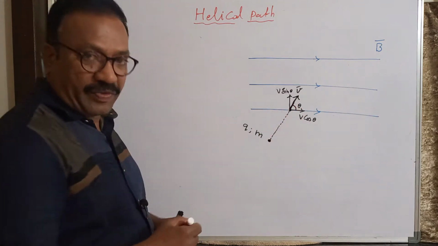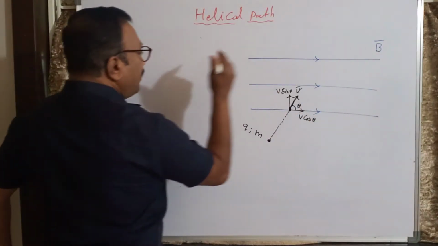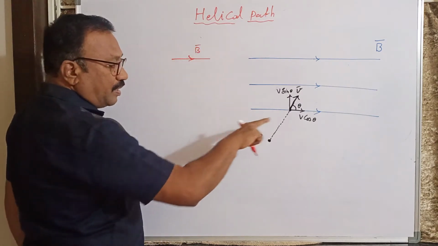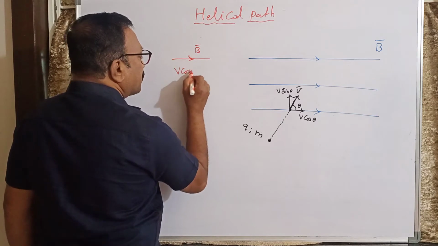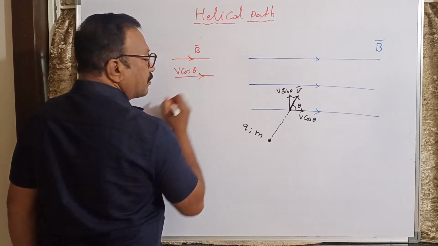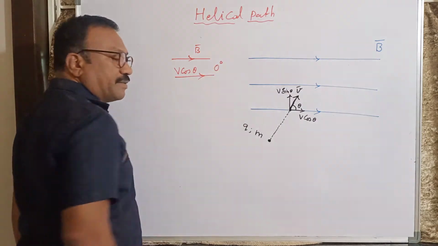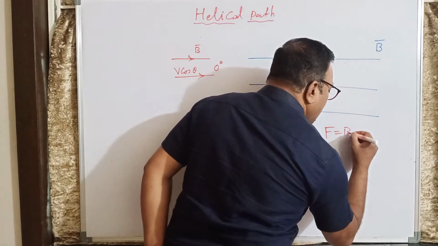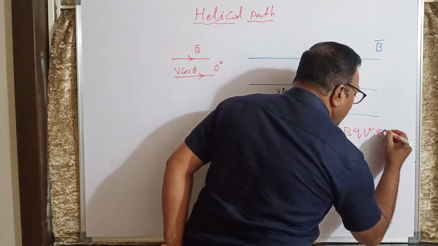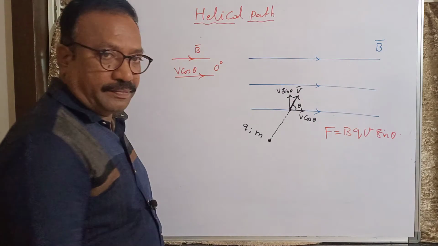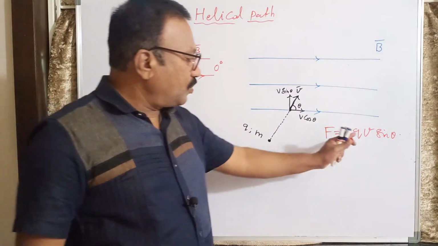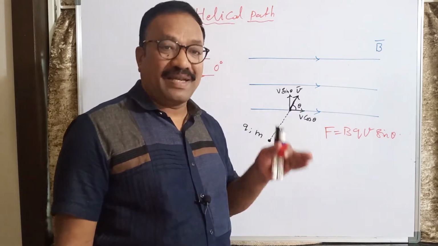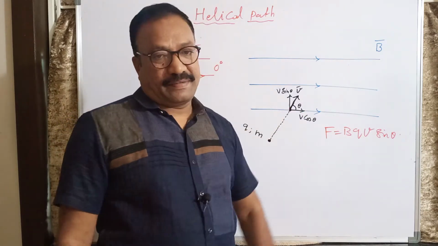Suppose I take this V cos theta. The magnetic field is in this direction, B bar, and V cos theta is in this direction. The angle between them is 0 degrees. And you all know that the force acting on a particle is given by B Q V sin theta. B is the magnetic field, Q is the charge, V is the velocity, theta is the angle between the magnetic field and the velocity.